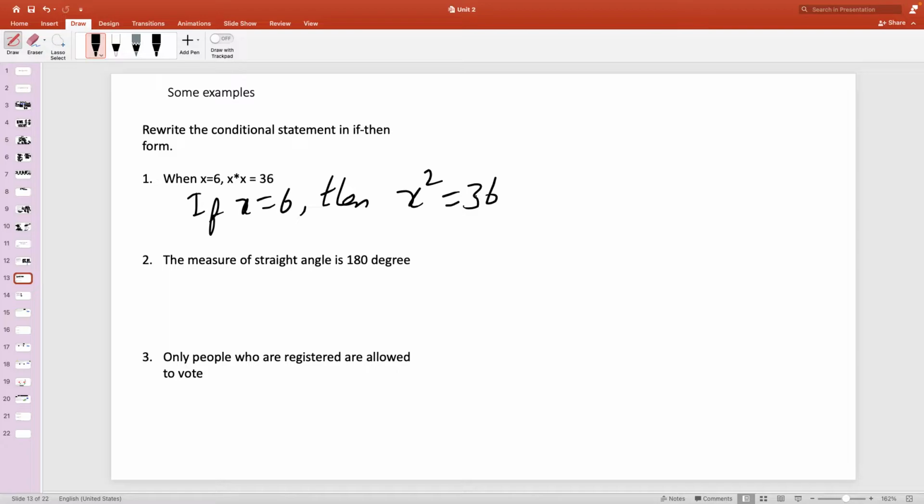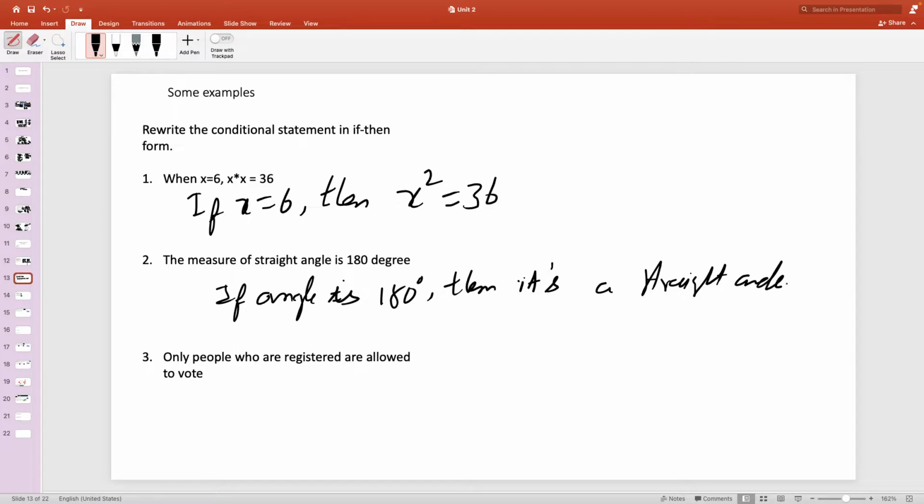The next one is the measure of a straight angle is 180 degrees. In the if-then form, we write if angle is 180 degrees, then it's a straight angle. And the last one, only people who are registered are allowed to vote.